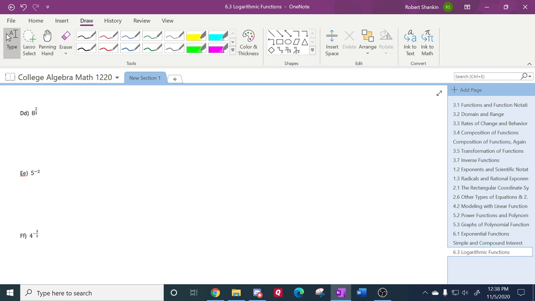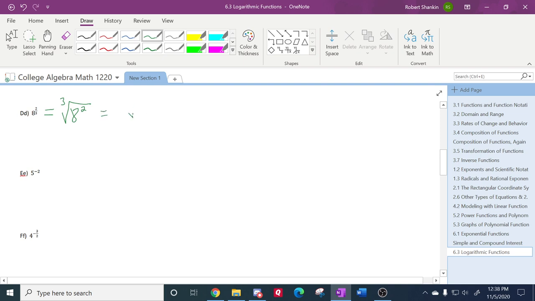Thirty seconds more. All right. So on D, the bottom number comes out, like this. Top number stays, trying to make it get larger.